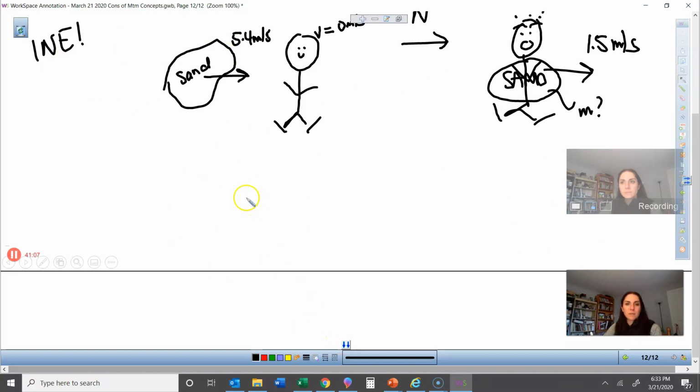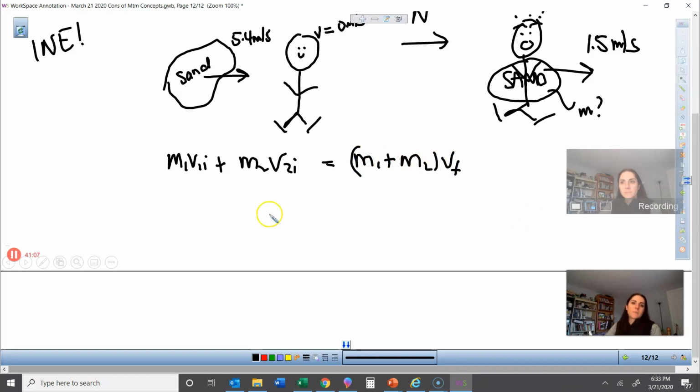Here is the equation, I just got lazy and didn't write the whole thing. So m1 v1i plus m2 v2i is equal to (m1 plus m2) times vf.